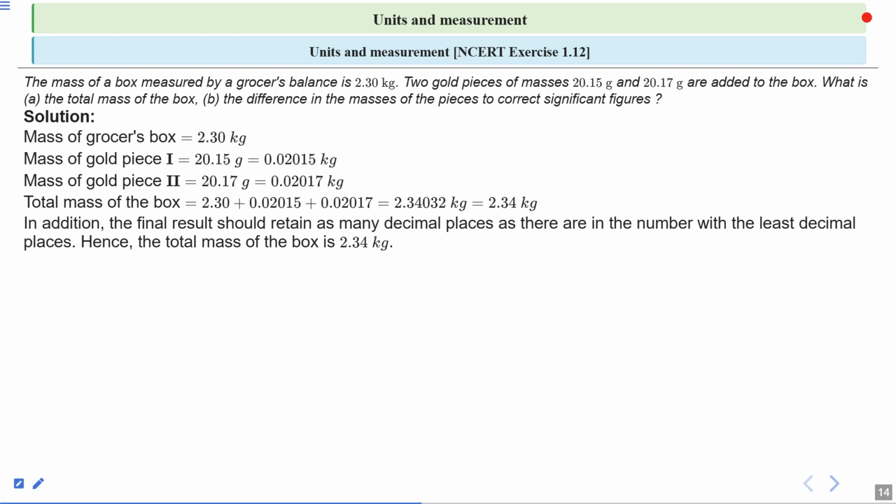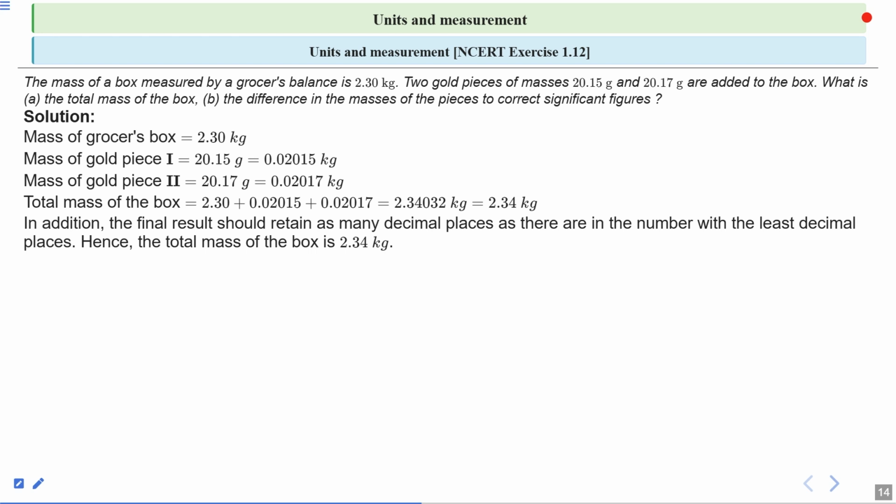Hence, the total mass of the box is 2.34 kilogram. So in case of adding this kind of numbers, more than significant figures, we have to take care of the number of decimal places first. Decimal places take priority in this kind of cases. Okay. Is it clear?